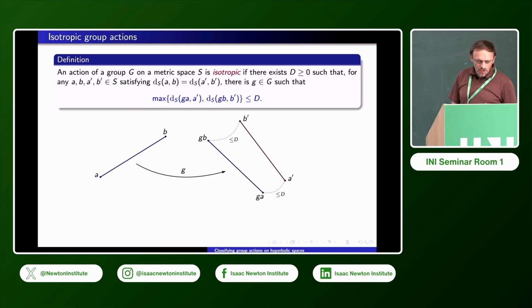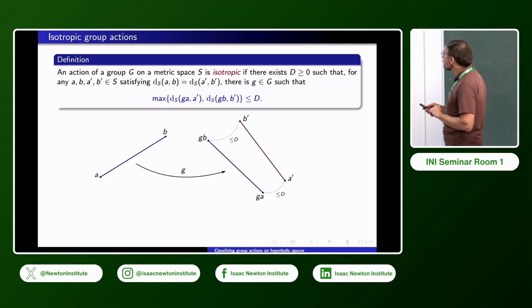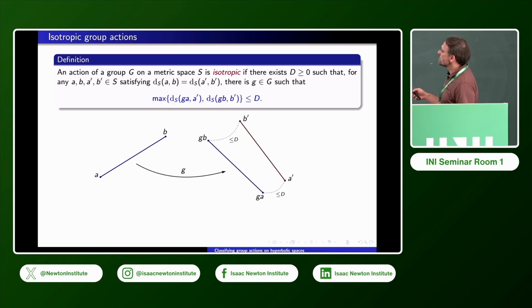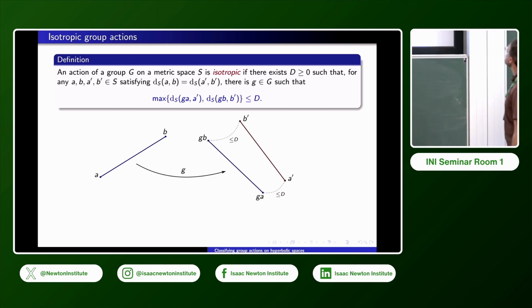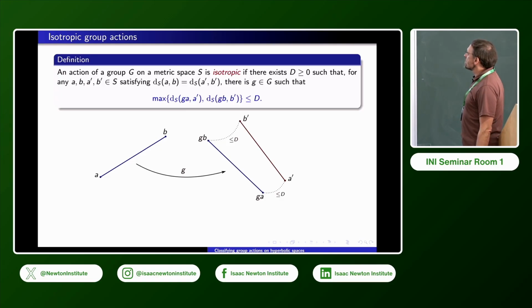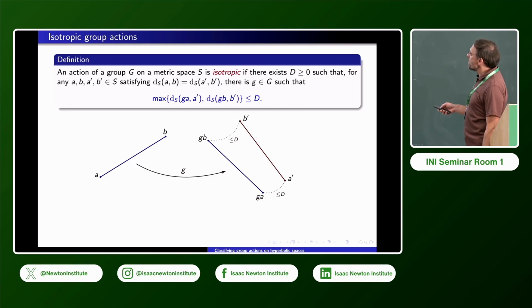So let's talk about this definition. We say that an action of a group on a metric space is isotropic if there exists a constant, which I sometimes will call the isotropic constant D, such that for every two pairs of points A, B and A', B' in my metric space, which are equidistant, meaning the distance between A and B is the same as the distance between A' and B', there exists an element g of my group that maps the first pair close to the second pair, meaning that the distance between gB and B' is at most D, and between gA and A' is at most D. Okay?